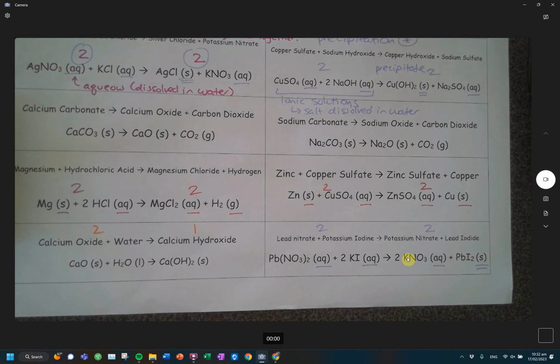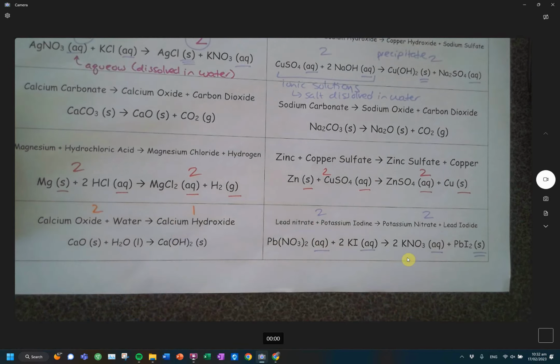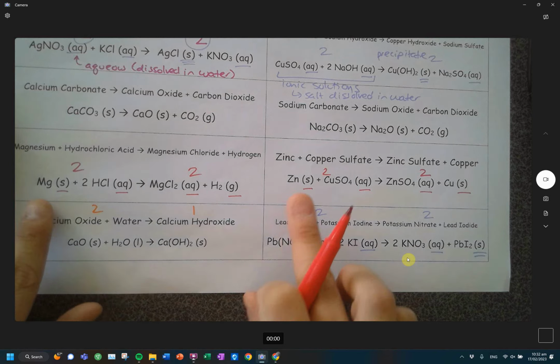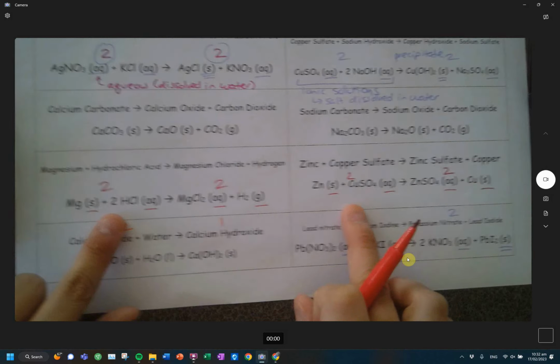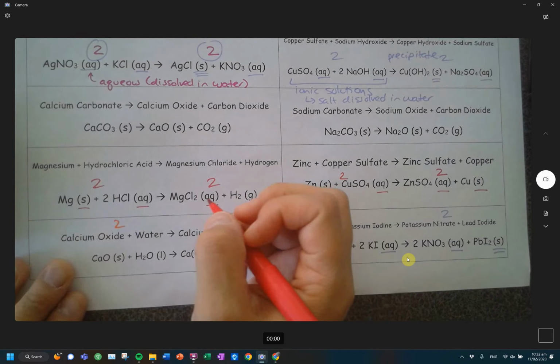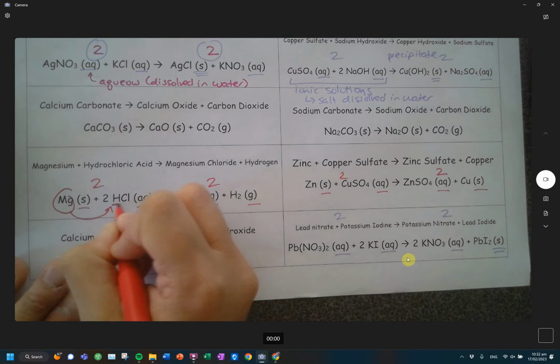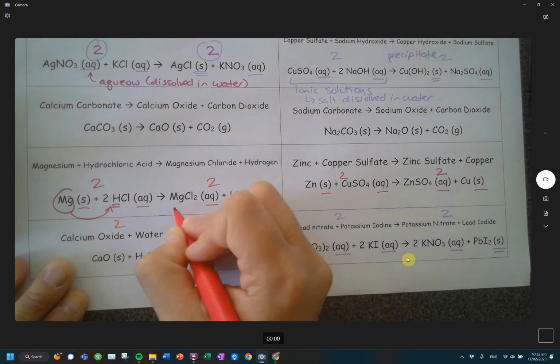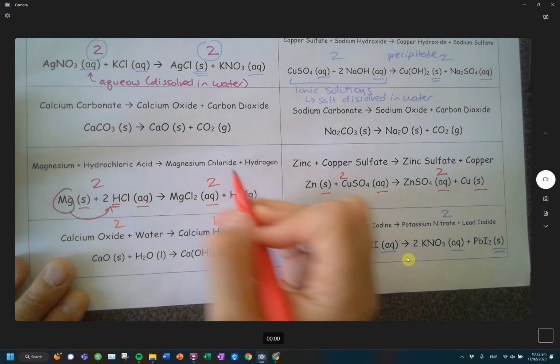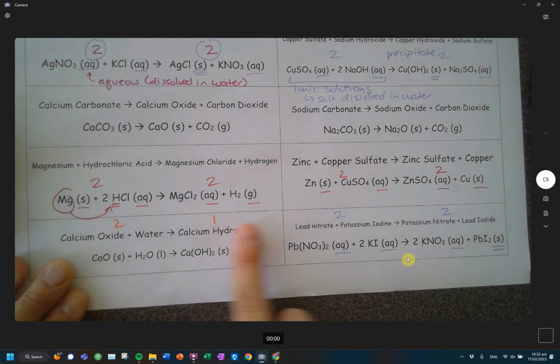Keep going. All right, I'll go through what the red one is, and then we can go back into the middle. So with this one we have 2 and 2. The thing I wanted you to notice is that one of these things is an element, and the second thing is a compound. What has happened is this element has replaced the hydrogen, and so now we have magnesium chloride and hydrogen being released.